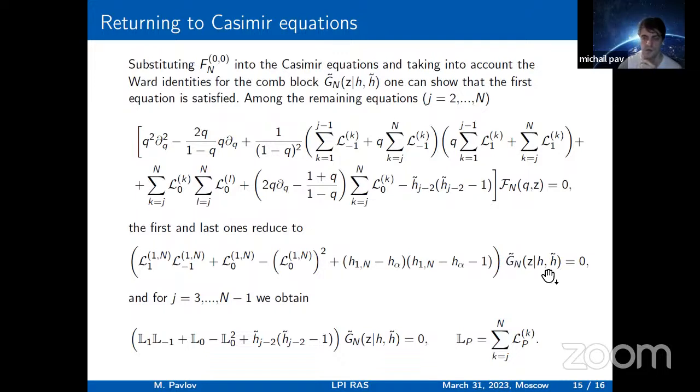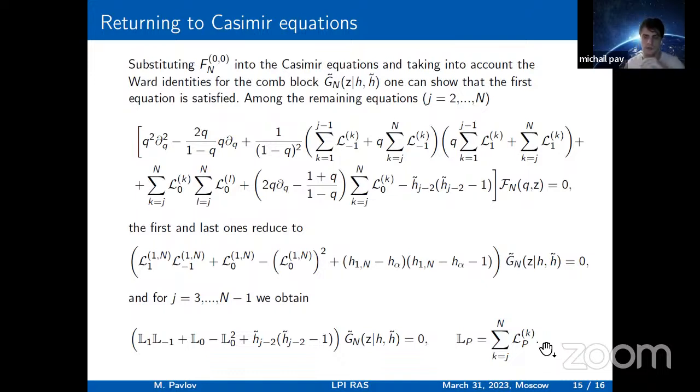For example, the first and the last equations reduce to Casimir equations for the external fields. After that, we have n minus 1, which is trivial, and n minus 2. So we have n minus 3 equations for the intermediate channels, and they have exactly the right form.